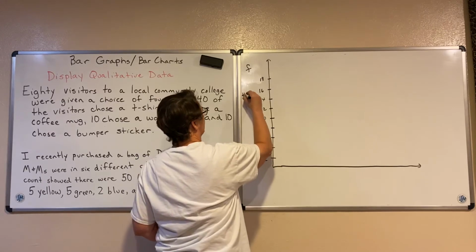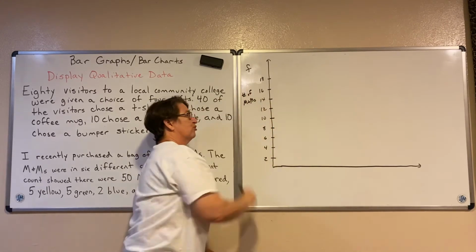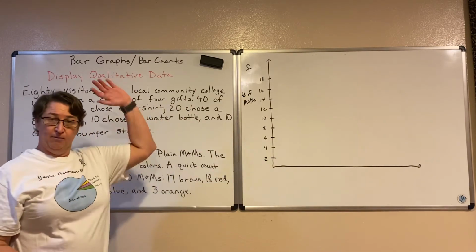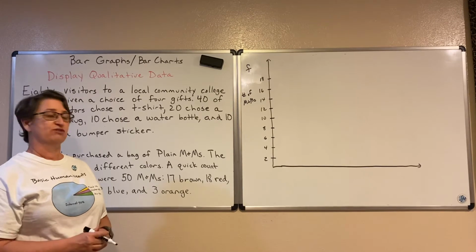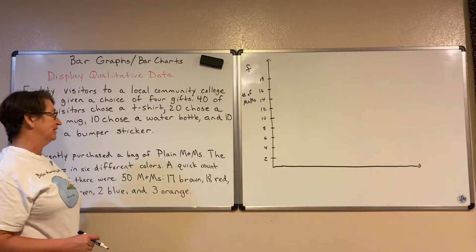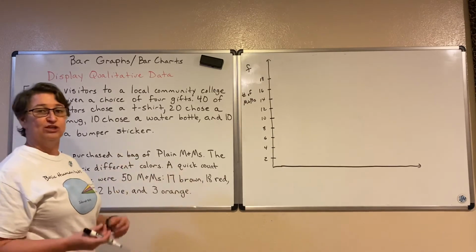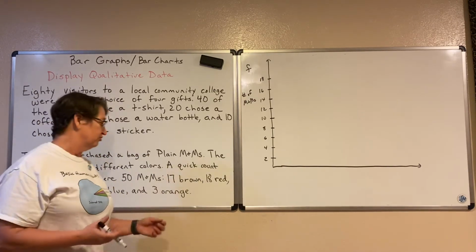Label: number of M&Ms, so that my reader knows what that axis represents. It's the number, the frequency of those in the bag. Then along the horizontal axis, I'm going to put my categories. In this case, my data is color, and the different colors are the variables.